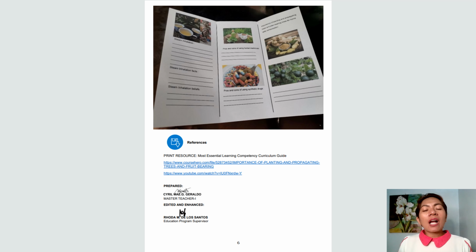So, nagtimpla ang anak ko ng coffee sa bahay, like they are going to use organic materials. So, dinurog niya ang malunggay leaves, and then hinalo niya dun sa milk, sa water. And then the things that he did, actual talaga na experiment, yun ang sinulat niya dun sa kanyang promo ad.